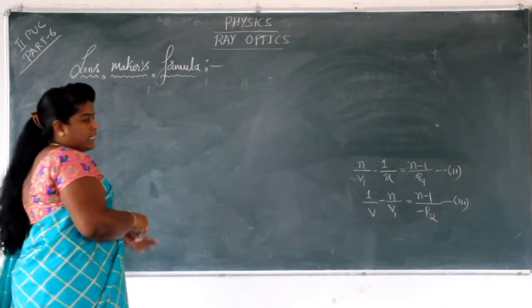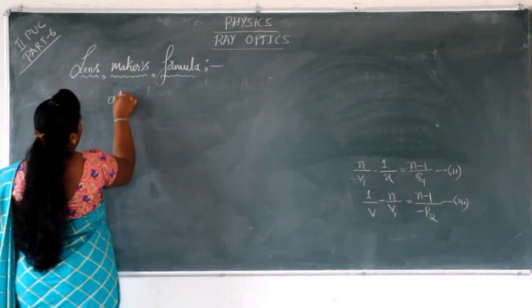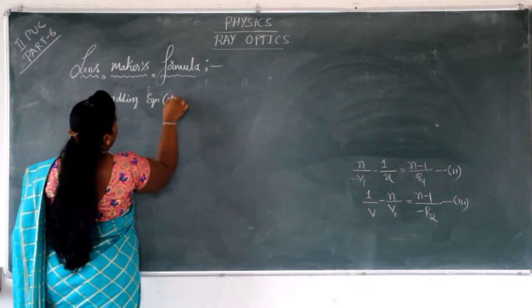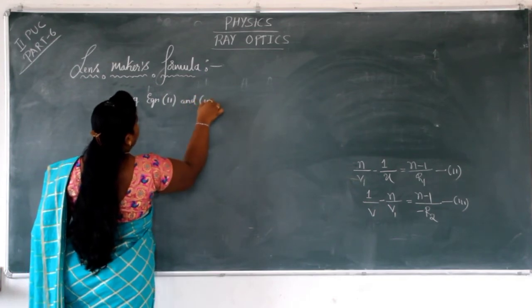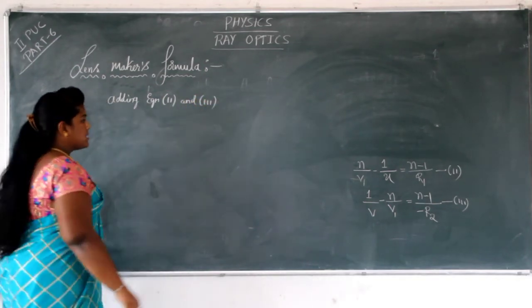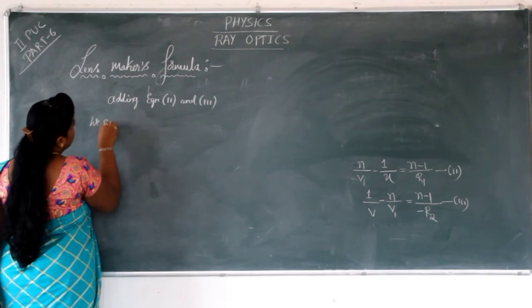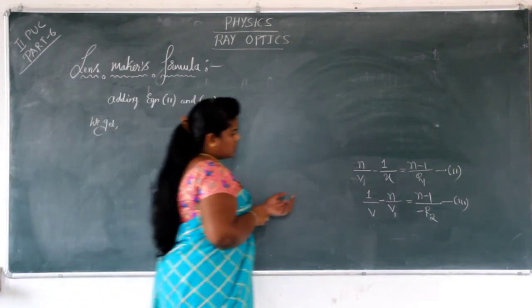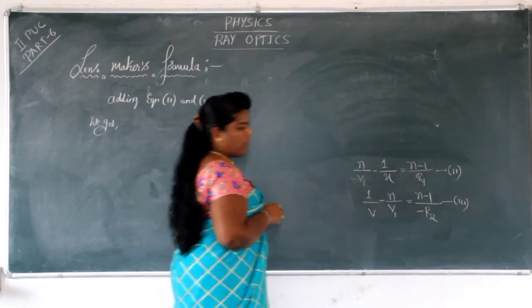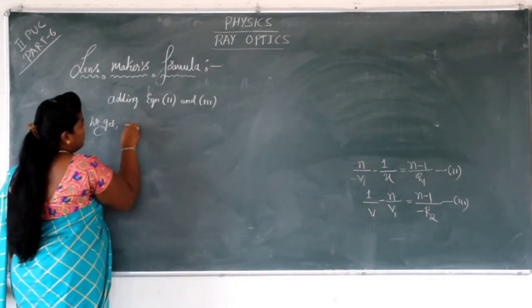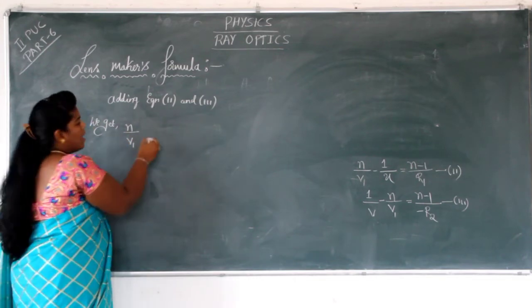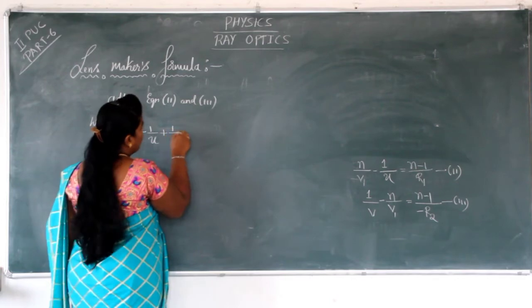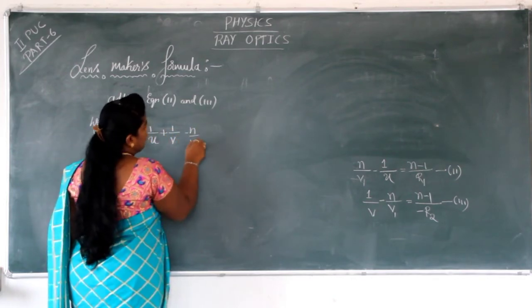I am going to add both the equations, equations 2 and 3. Now let us see what we get. Towards the LHS, we have N by V1 minus 1 by U plus 1 by V minus N by V1.